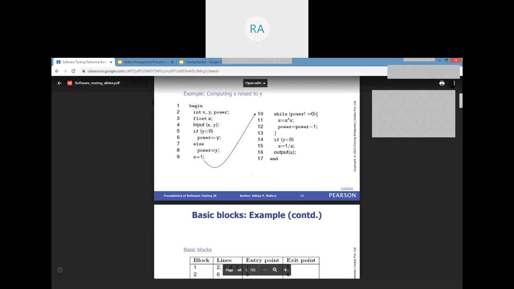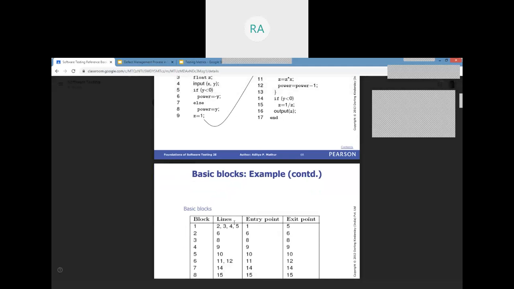If you come over here, the second block, the line I've included is 6. As we already know, whenever a block has a single statement, the entry and exit point will coincide, meaning the entry point will be the same as the exit point. Since block number 2 has a single line, line number 6, the entry and exit point is going to be the same, line number 6 itself.